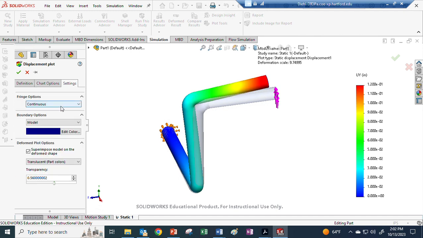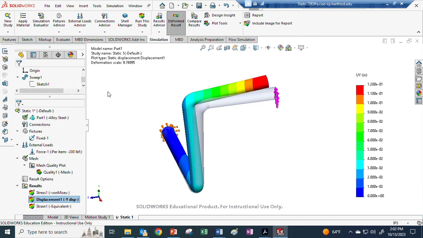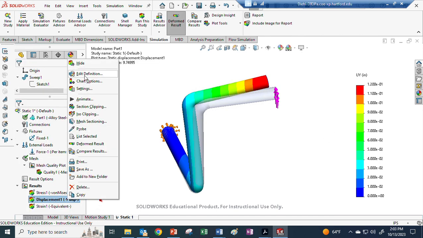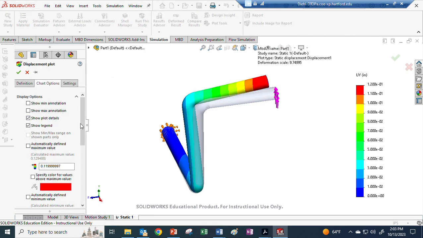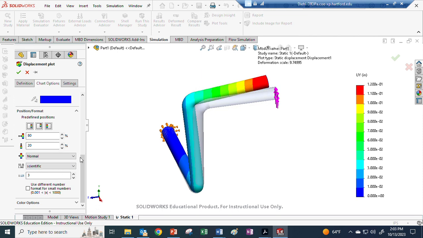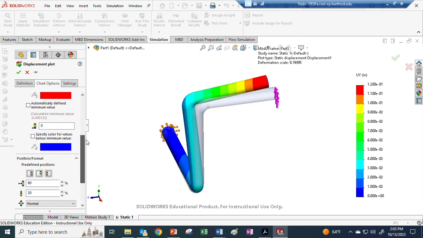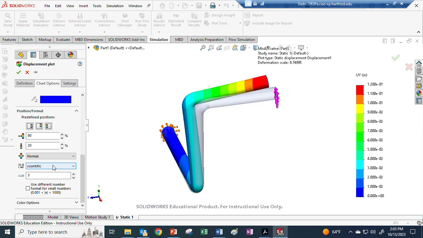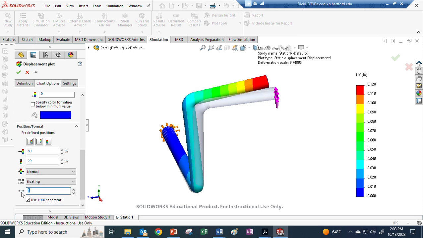And also, if we're going to make a fringe plot, I think making discrete looks way better. Boom. Oh, and scientific notation, even though I use it a lot, I think it looks better when you're presenting something to use floating values. Three sig figs is probably okay.